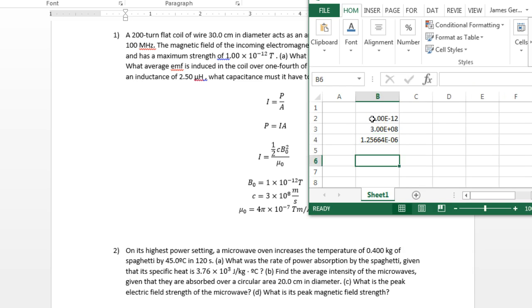The intensity is 1/2 times C times B squared divided by mu naught.